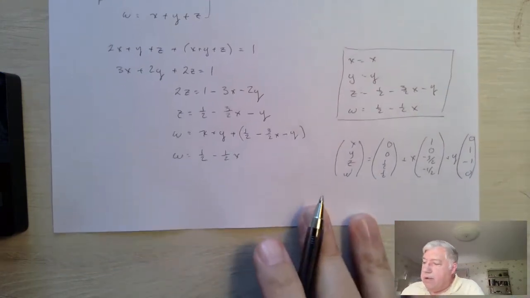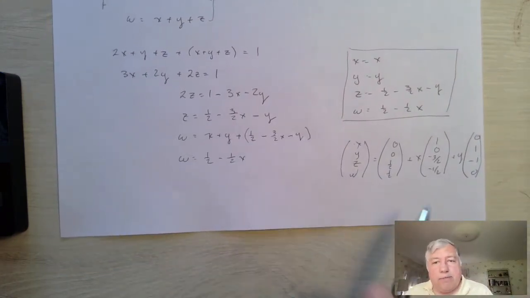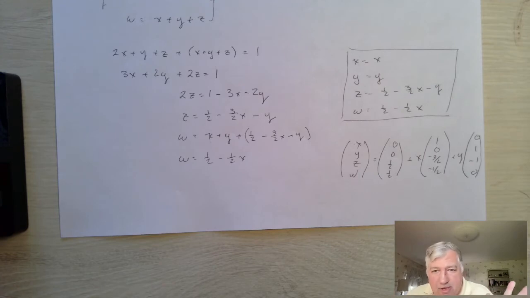Okay. All right. And this will actually correspond to a two-dimensional thing in R4. We just can't see it, right?